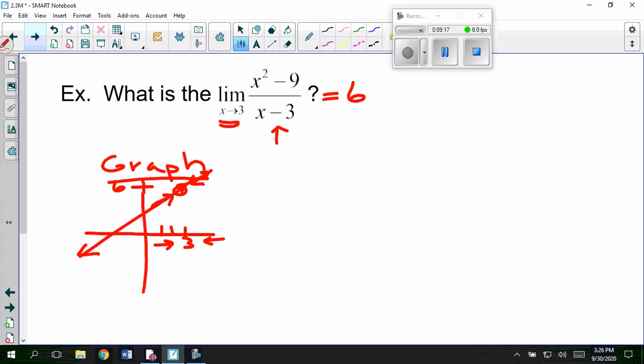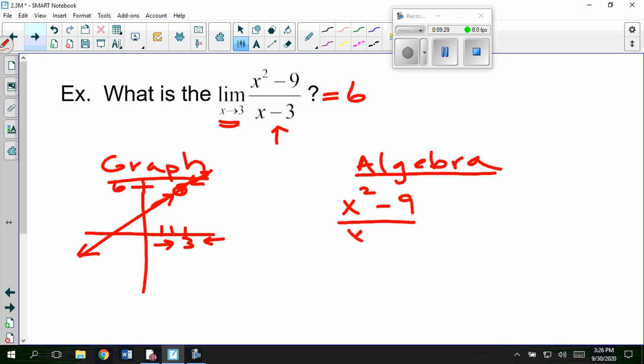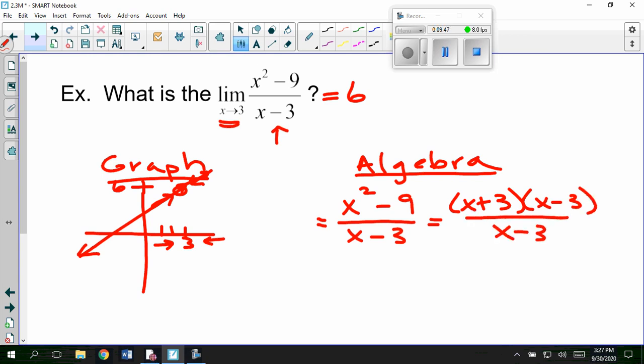Now on the flip side, algebraically, we could have done this problem without looking at the graph. So let's take a quick reminder of the algebra behind that. If you recognized this at first, that's awesome. Let's look at this particular function one more time. If we take this function and recognize that the top can be factored into x plus 3 and x minus 3, then we have a cancellation of one of the factors.